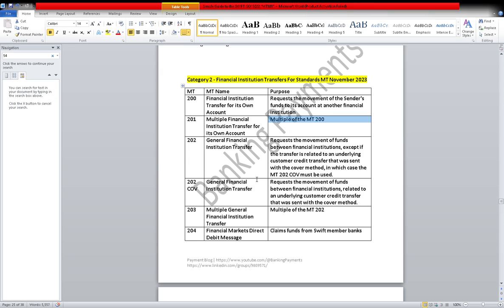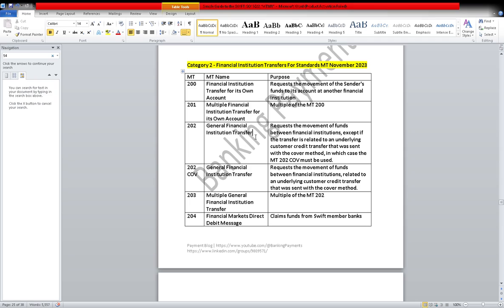That's the same thing, so here as well you are transferring multiple payments. The third one is the general financial institution transfer, which requests the movement of funds between financial institutions, meaning now these are different banks, except if the transfer is related to an underlying customer credit transfer that was sent with another method, in which case the MT202 must be used.